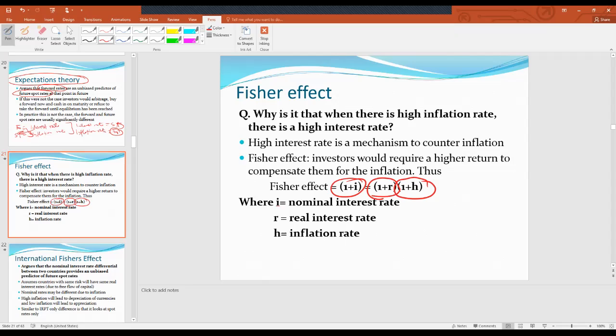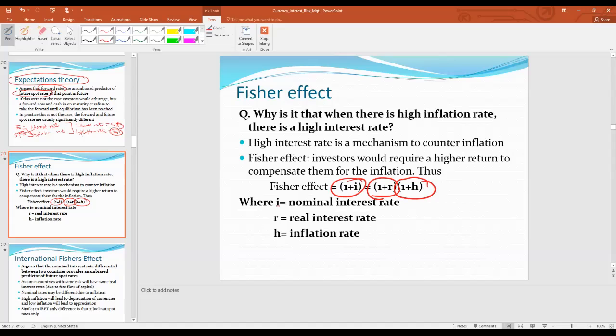What this implies is that if you invest in Tanzania and you are getting more interest, the only reason is that there's more inflation. That's what we want to understand from this theory.